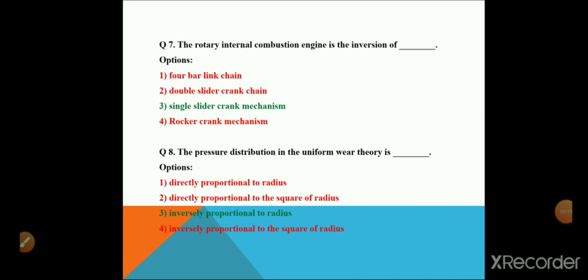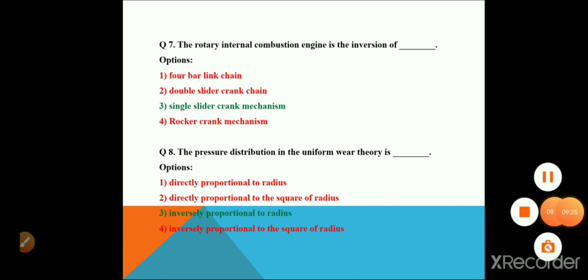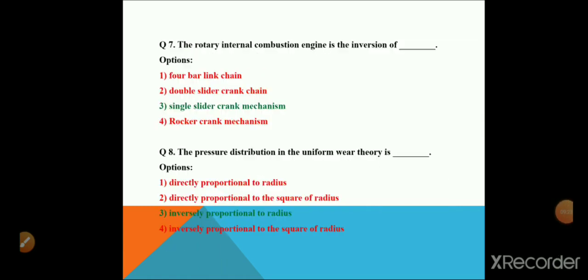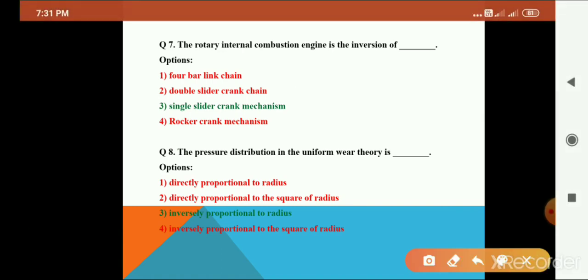So rotary internal combustion engine is the inversion of. Always remember it's an internal combustion engine. Internal combustion engine means a slider, obviously a slider crank mechanism. It's obviously a single slider crank mechanism, that is option number 3.